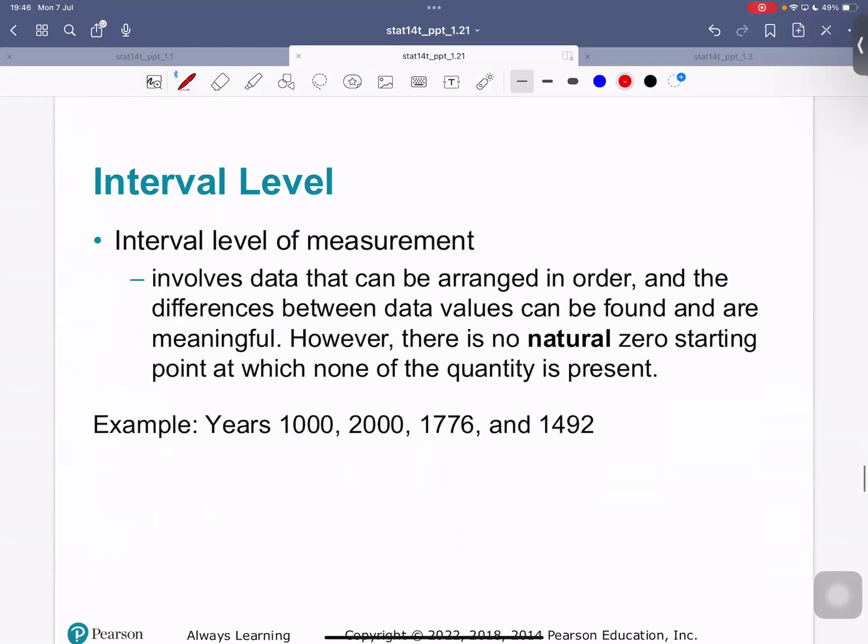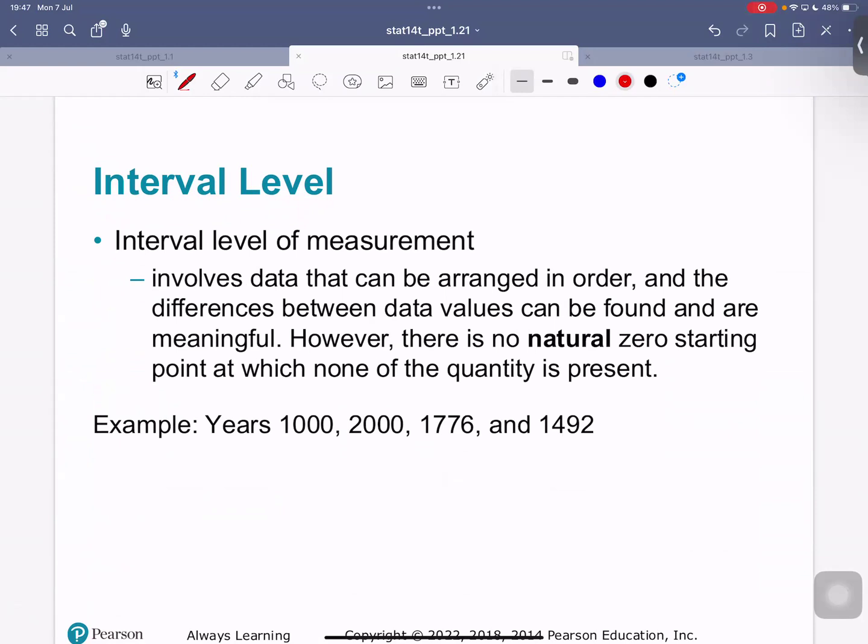Interval level. The interval level of measurement involves data that can be arranged in order, and the differences between data values can be found and are meaningful. However, there is no natural zero starting point at which none of the quantity is present. For example, years. We have four years here.